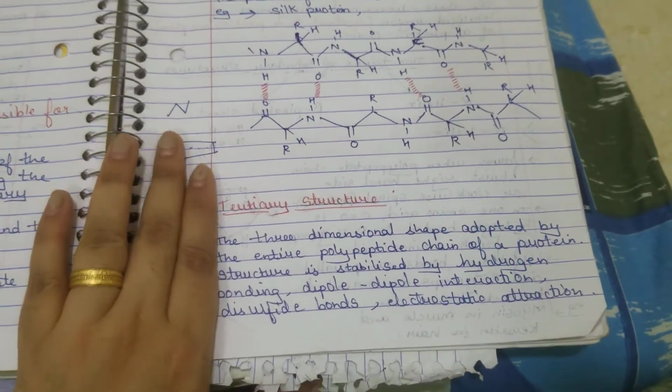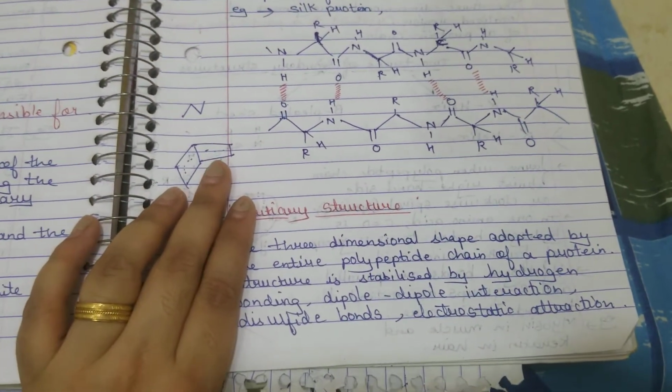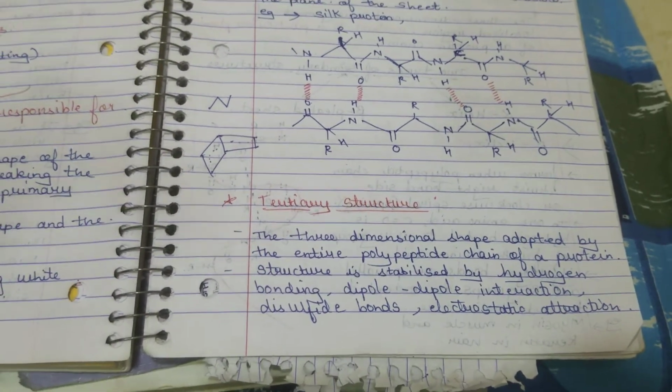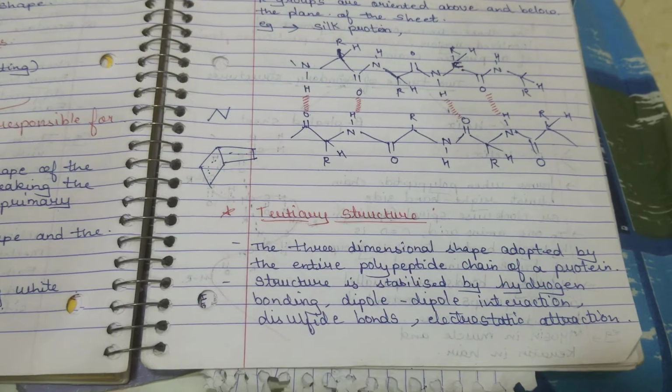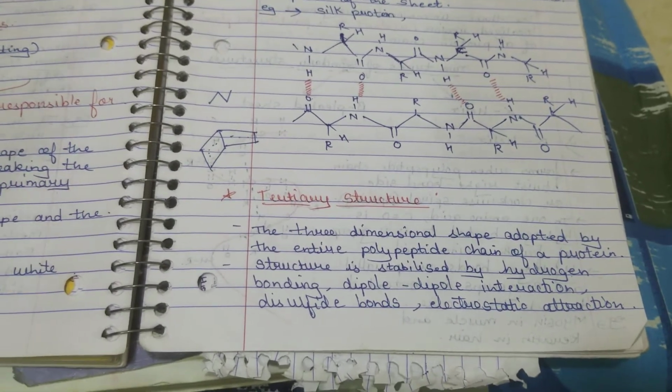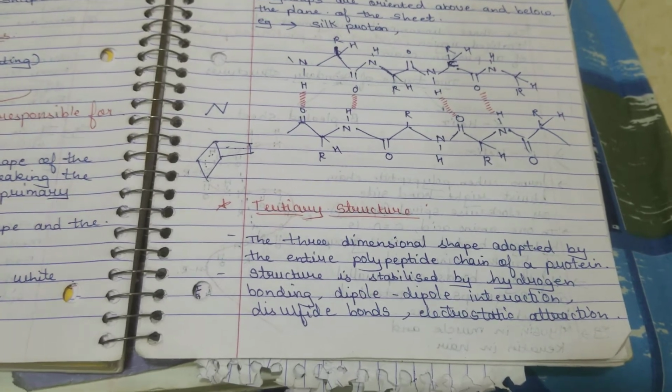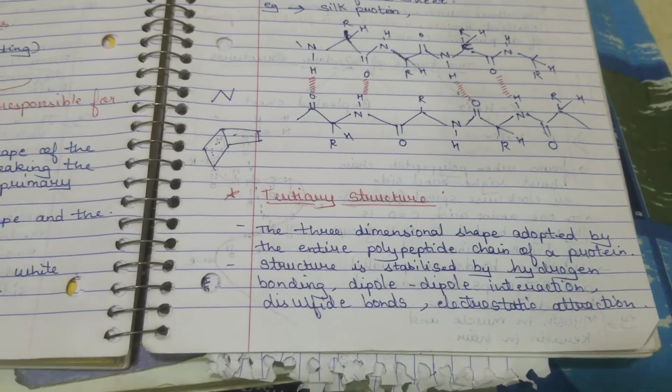So under tertiary structure you will say that the three-dimensional structure of protein, formed after the secondary structure, is stabilized by hydrogen bonds, electrostatic attractions, dipole-dipole interactions, and disulfide bonds.